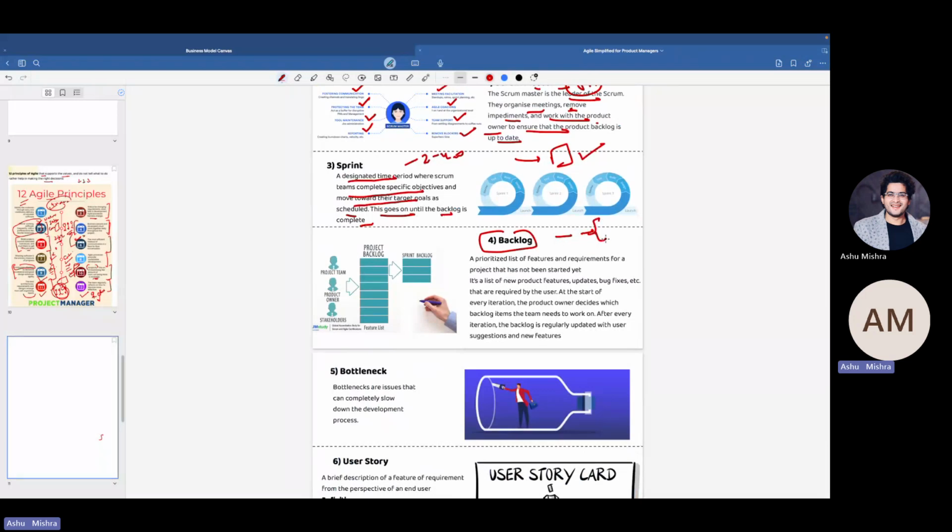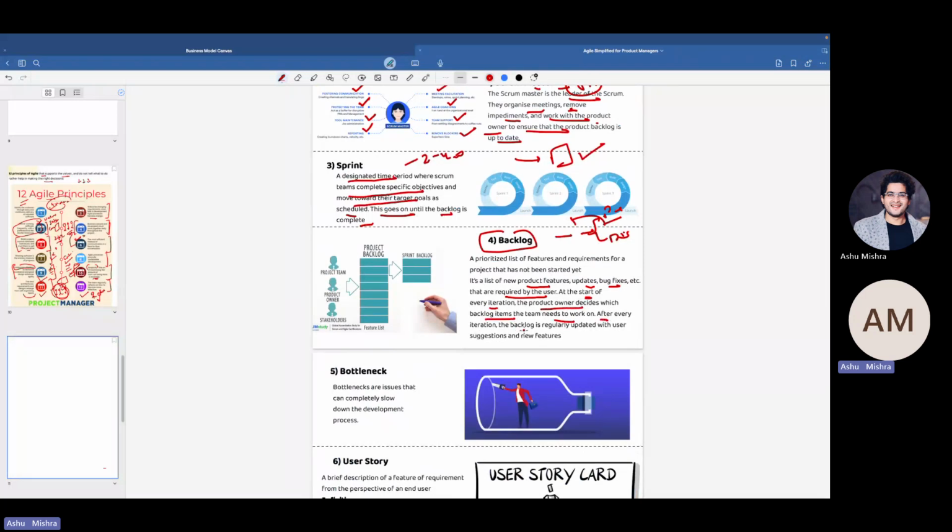Now, backlog can come in two ways: whether there is a new discovery that has been done, right? And second, there is some pending task which you were not able to pick up in the previous sprints. Now, if I go by the definition, it is a prioritized list of features and requirements for a project that has not been started yet. It's a list of new product features, updates, and bug fixes that are required by the user. At the start of every iteration, the product owner decides which backlog items to work on.